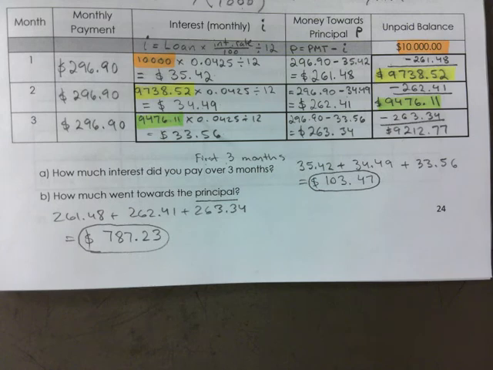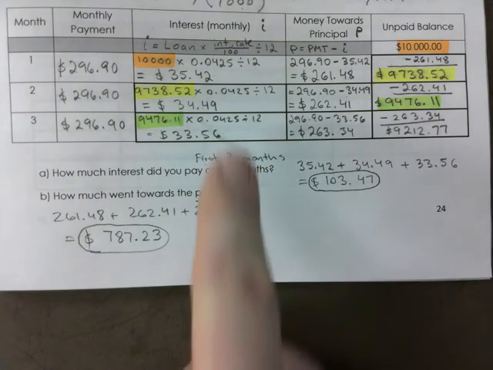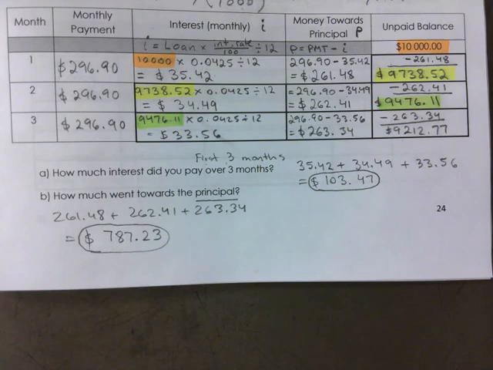Okay, and I'll tell you this. If you have extra money towards this loan, the best time to put it down is right at the beginning. Ideally, it's your down payment. If you can't do the down payment within the first 6 months, try to save up more and just put it down. Because the most interest you pay is at the beginning, and then it slowly goes down over time.